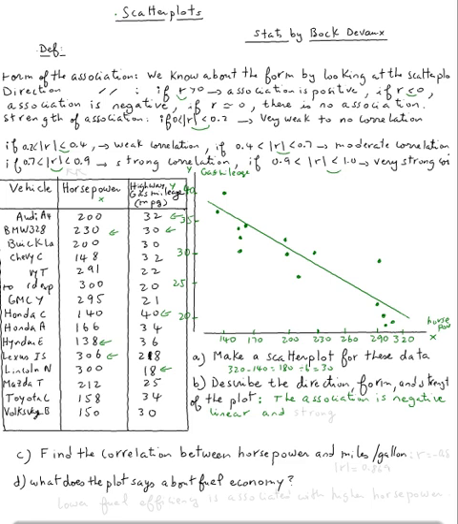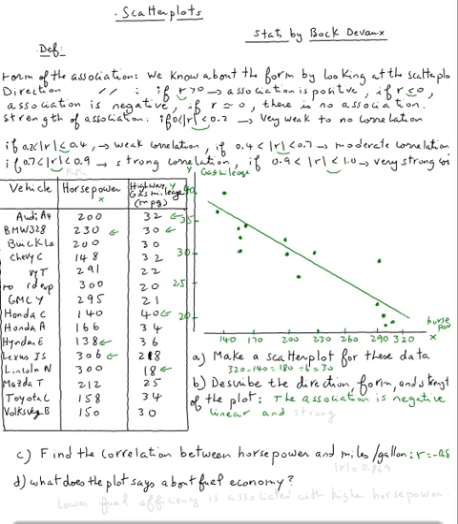So let's use the calculator for C. If you use your calculator, you're supposed to find R equal to negative 0.869.